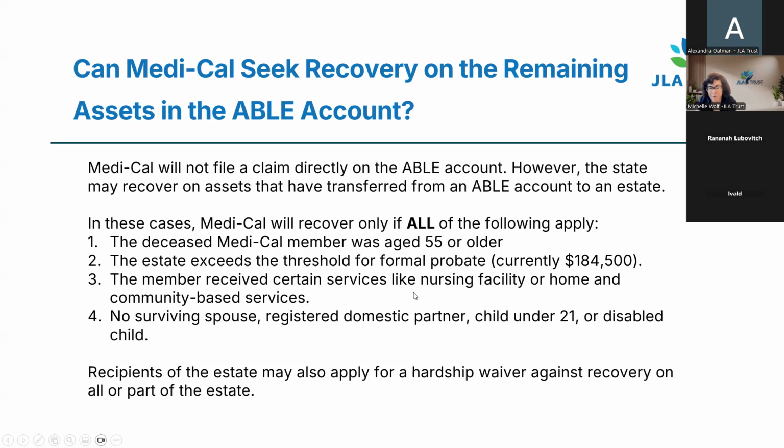The Medi-Cal person received services like nursing, SNFs, skilled nursing facilities, or home and community-based services. And there is no surviving spouse, registered domestic partner, child under 21, or disabled child. And even if worse comes to worse, you can apply for a hardship waiver against recovery. So in most cases, the state will not be able to recover or will not go after money that's in a CalAble account.